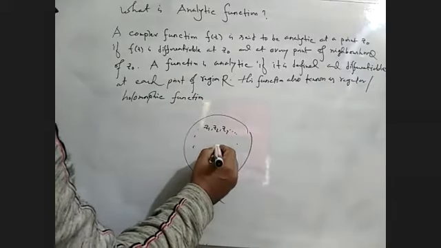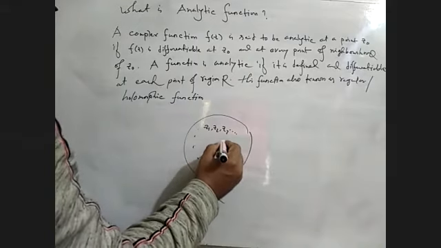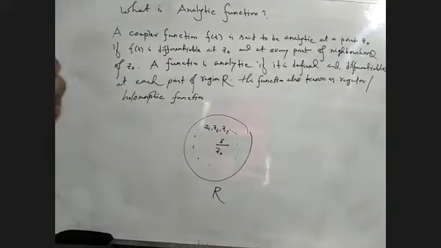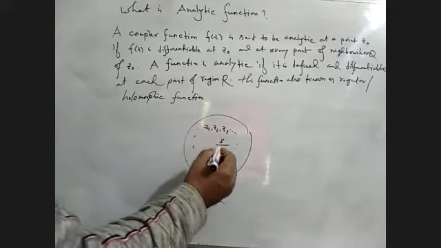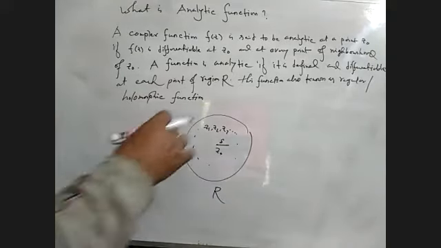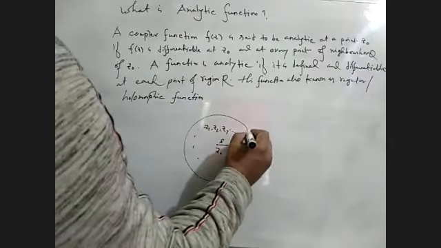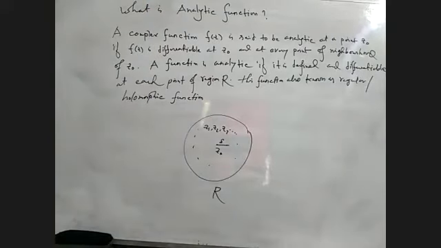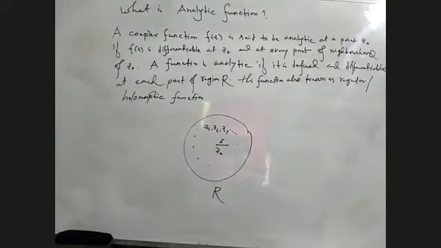So if we draw any neighborhood centering at Z0, suppose this is the delta neighborhood, then for every neighborhood of Z0, the whole function will be defined and differentiable. So this is actually called an analytic function, and it will be defined and differentiable at each point of Z0. Remember it.